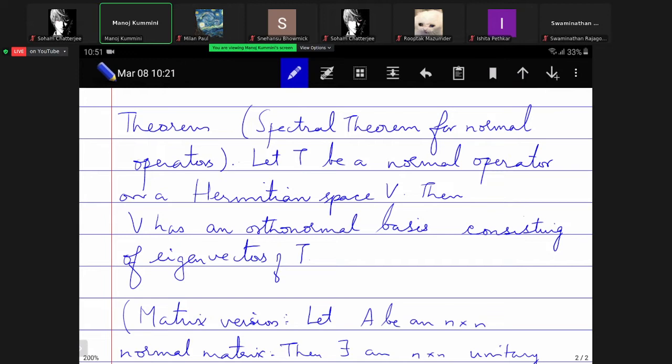For convenience, I'm going to consider the span of V1 and the orthogonal part to the span of V1.